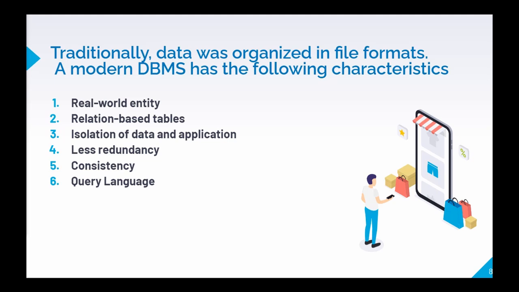Next we have less redundancies. Ulitin natin, traditionally, data was organized in file formats. A modern database management system has the following characteristics. So ito yung mga characteristics na diniscuss natin. Number 4, less redundancy. DBMS follows the rules of normalization. What is normalization? Later on we'll discuss that as well.